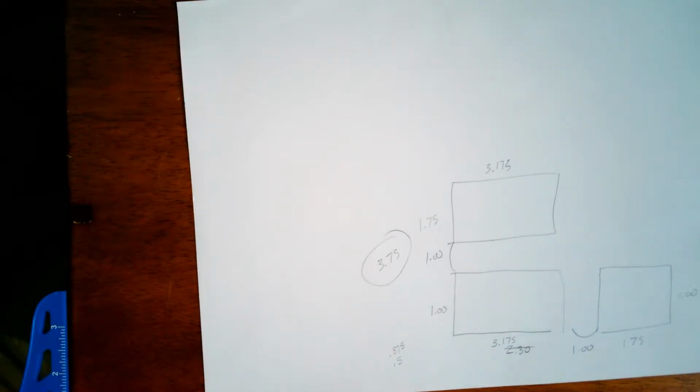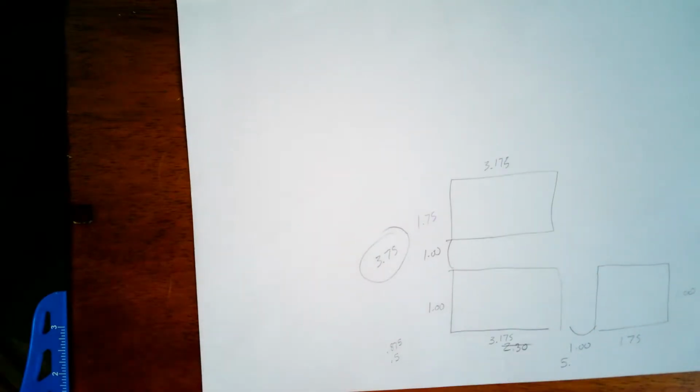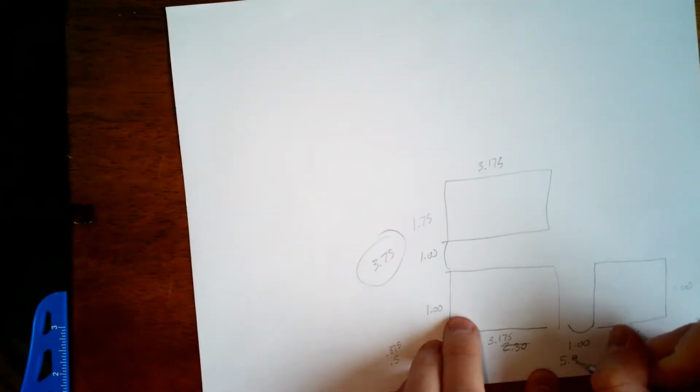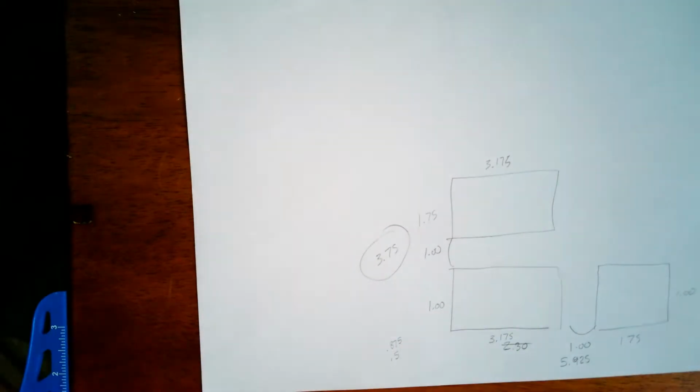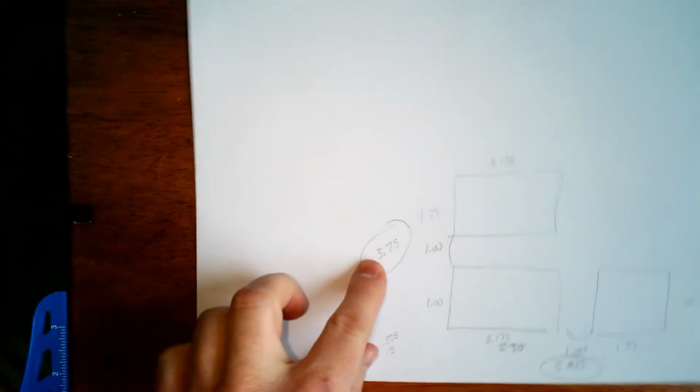So you're just going to go to 5.9 and then go like a quarter, 5.925. So you're just going to go a little bit past 5.9, a quarter of the way to 6. So those are our two measurements, 3.75 by 5.925.